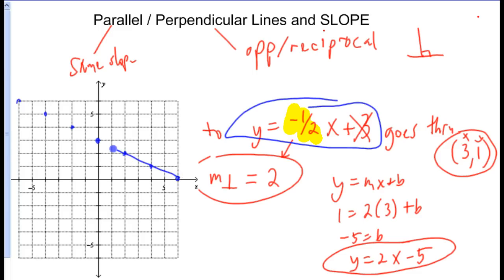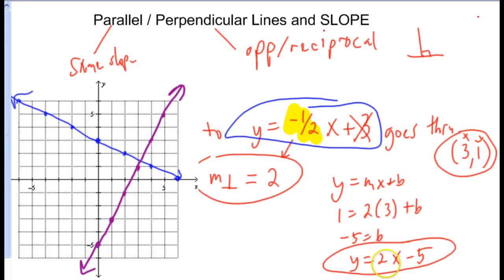So that's that original line. And I want to go through a point here at 3 comma 1. That point is not on the line, and it has a slope of 2, so we go up 2 over 1, up 2 over 1, down 2 over 1. Please see that line, something like that.